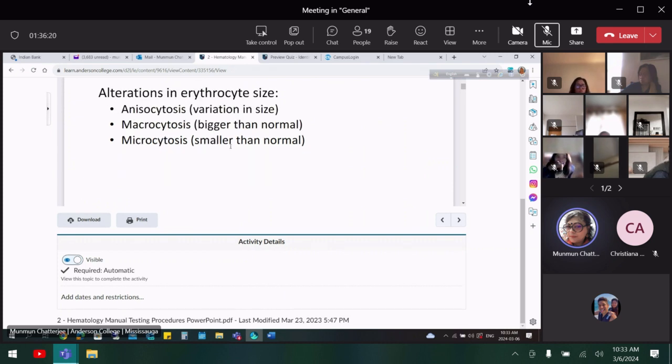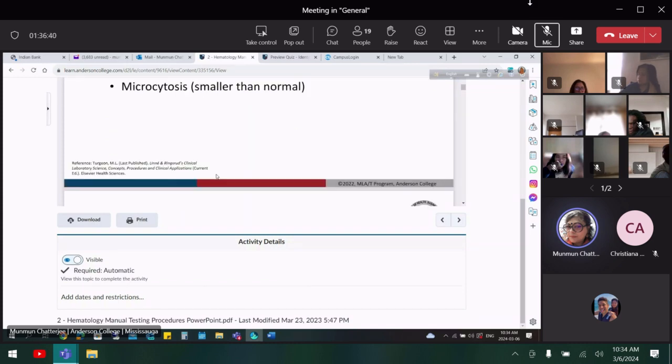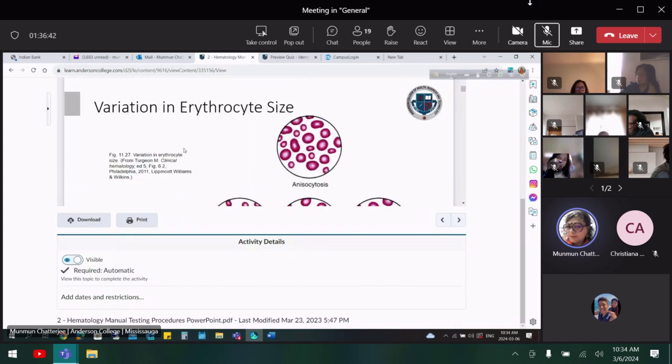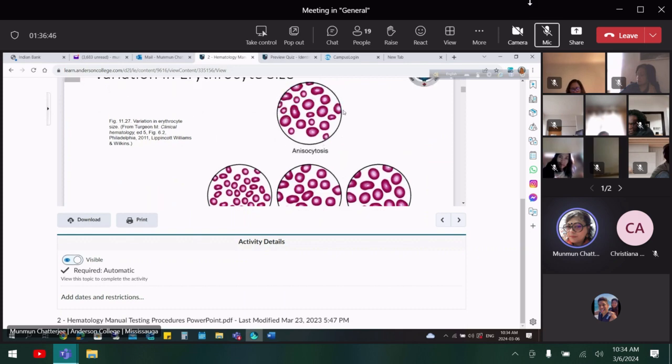Okay. So I already told you, a difference in size is called anisocytosis. Anisocytosis can be two: macrocytosis, when cells are bigger than normal, and microcytosis, when smaller than normal. Variation in erythrocyte size is anisocytosis.